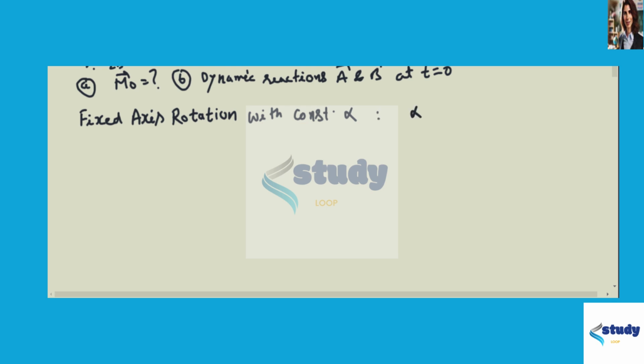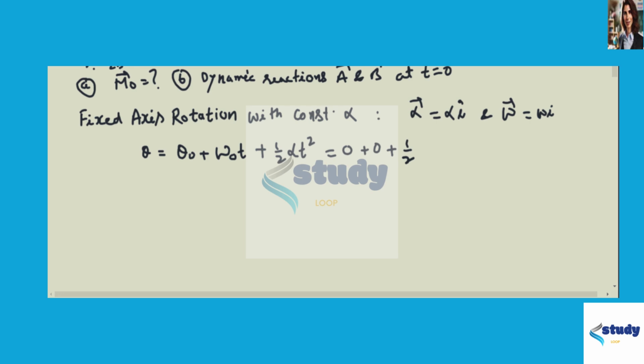Here alpha is equal to alpha i and omega is omega i. Theta is equal to theta naught plus omega naught t. This is 0, this is 0. Alpha we are calculating, t is given 2 seconds.